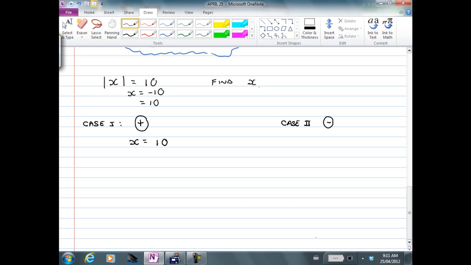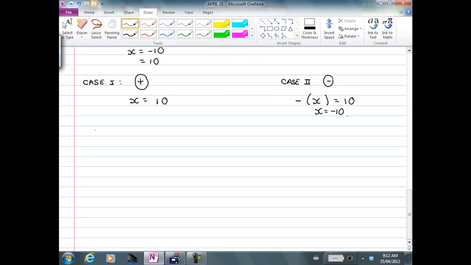If the stuff inside is negative, I have to multiply my equation by negative. And if we solve for each one of them, this is why we get 10 and negative 10. Okay, very, very simple.